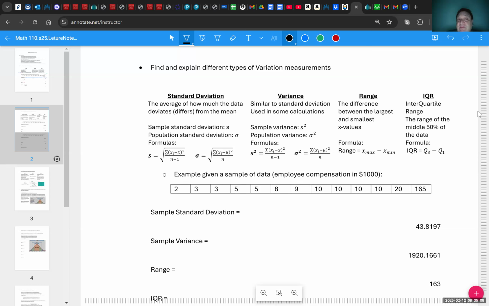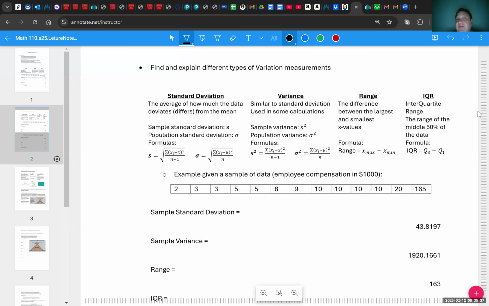We have 4 main types of variation measurements in our beginning statistics course: standard deviation, variance, range, and IQR, which stands for interquartile range. I'll briefly go over those 4 things, and then we'll do an example. It's actually the same data set. We'll do an example of finding those particular values.